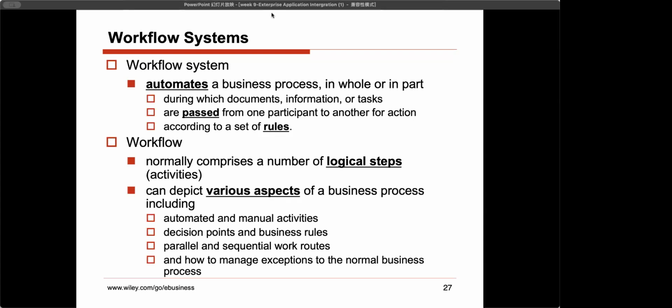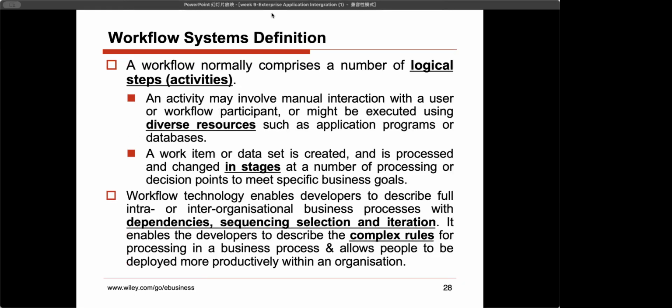It can depict various aspects of a business process, including automated and manual activities, decision points and business rules, parallel and sequential work routes, and how to manage exceptions to the workflow. The workflow system definition is that the workflow normally comprises a number of logical steps and activities.